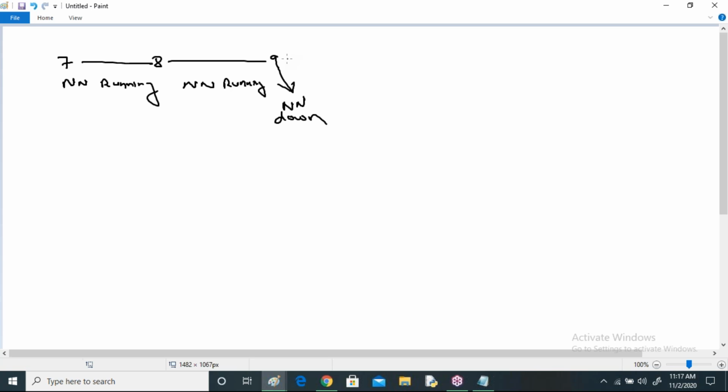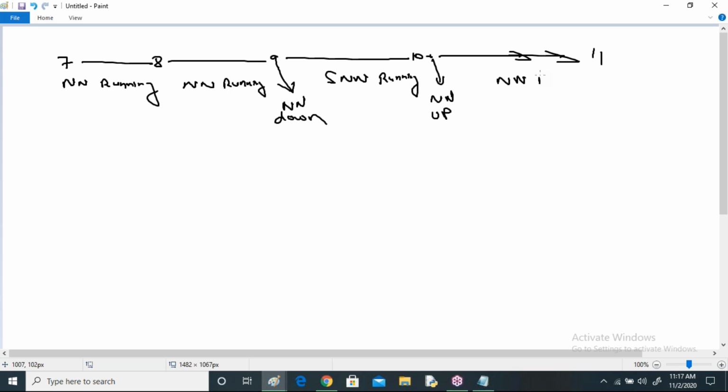When the name node is down, from 9 to 10, the secondary name node is running. Again, at 10 a.m. the name node is up and running. 10 to 11, the name node is running. Here, if you observe, for 1 hour the name node was down, and in that case the secondary name node was running.